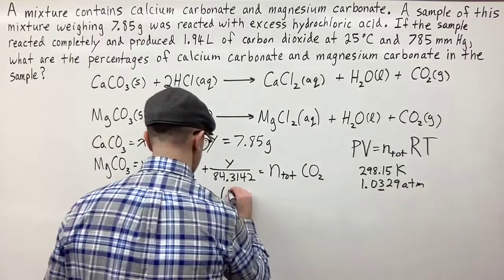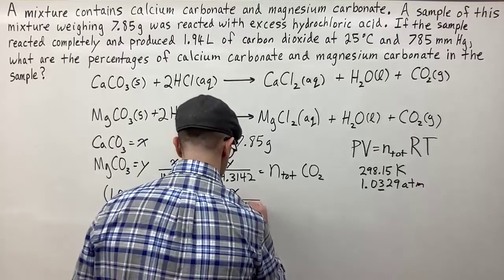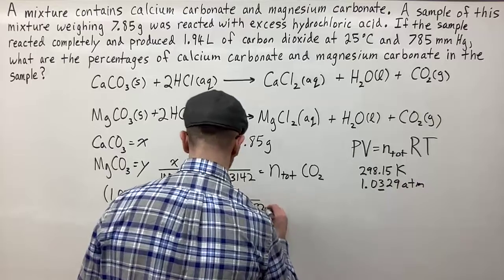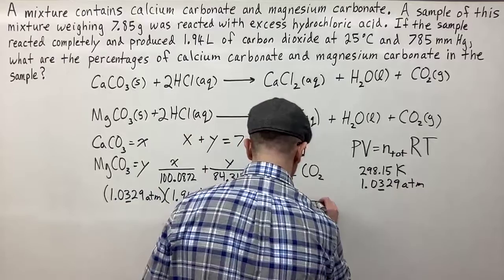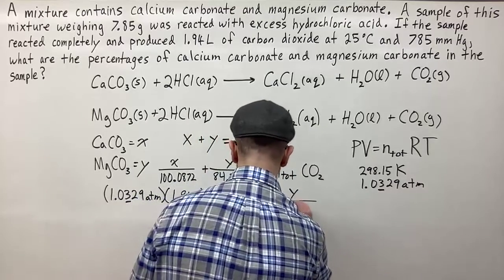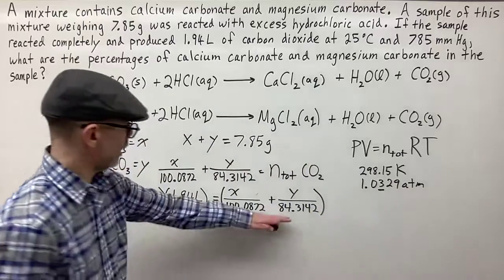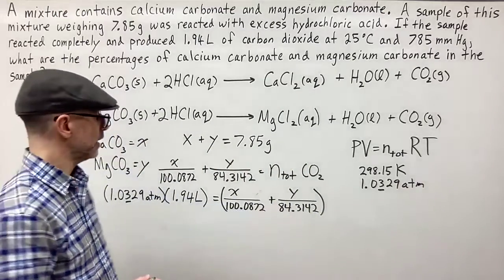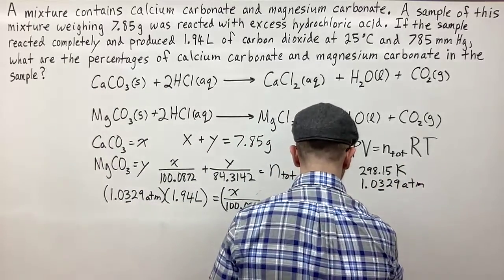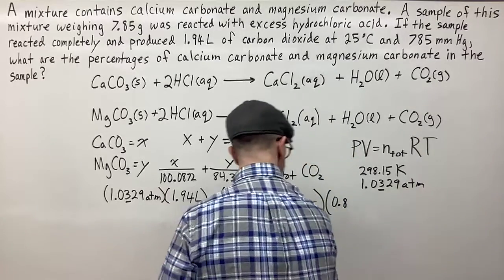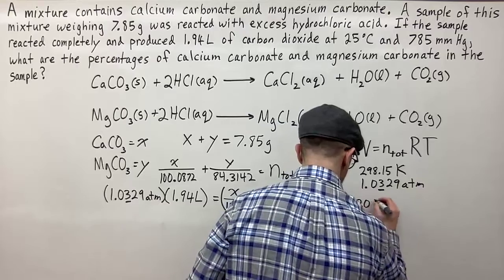So now I'm going to have X over 100.0872 plus Y over 84.3142. So that's my total number of moles. And that's going to be multiplied by R, which is 0.8206.